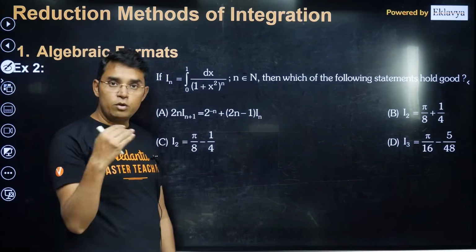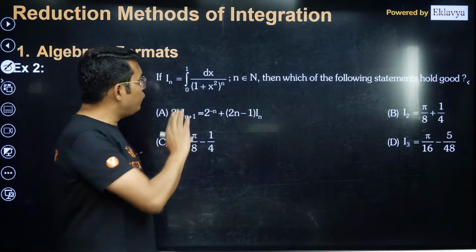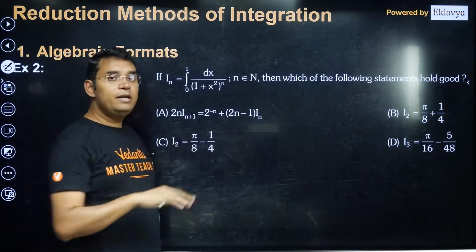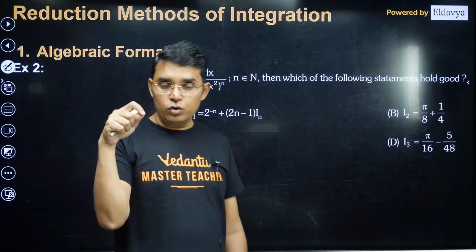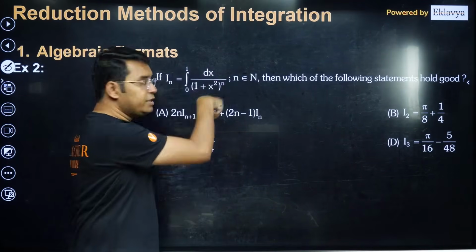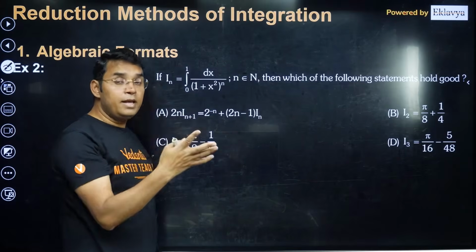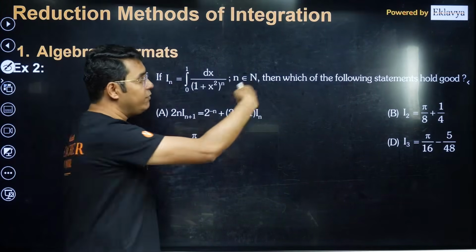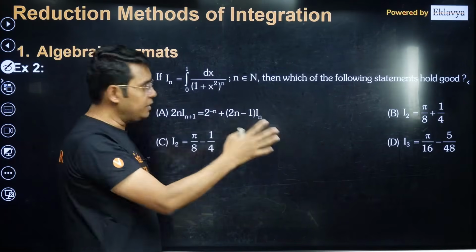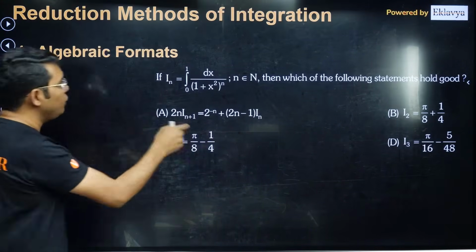You have to do some trigonometric substitution, then you can do it. For higher values of n, it will be difficult even with trigonometric substitution, because the expression in terms of n will have to be done with the help of reduction method only, which I will be discussing in trigonometric formats just after this. But let's see how we can do it.